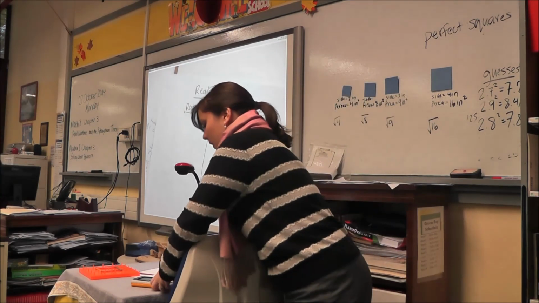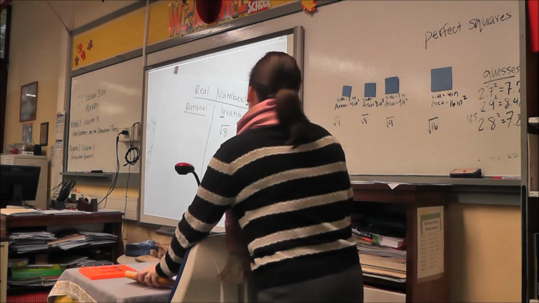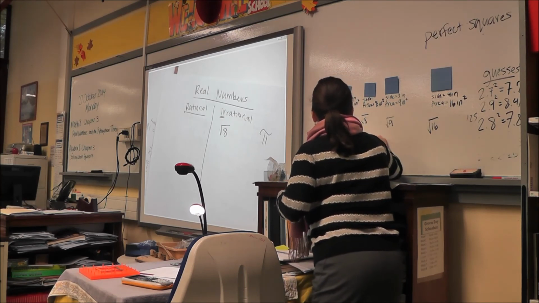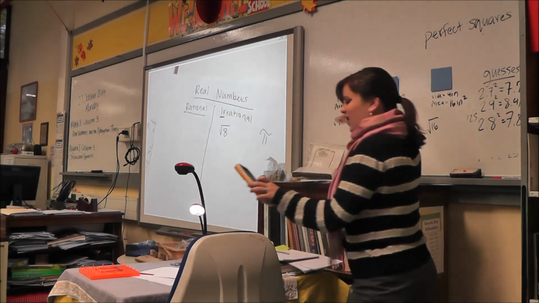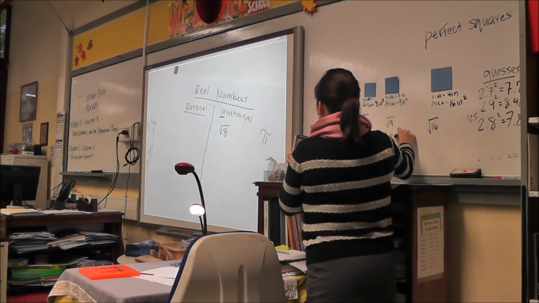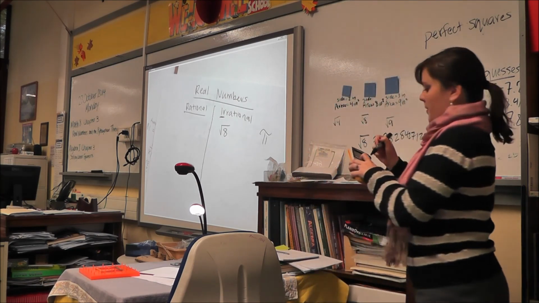So let's do that in our calculator. Let's look at what square root of 8 is approximated to be. Square root of 8 is approximately, do you know that sign? It's not equal, but it's close to 2.828427125, and it's going to keep going.